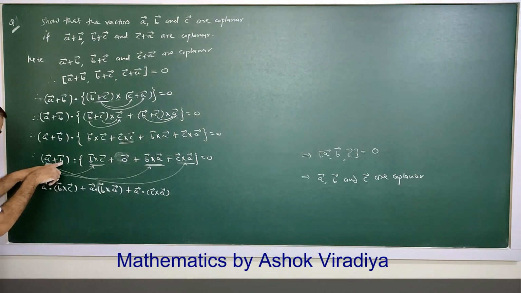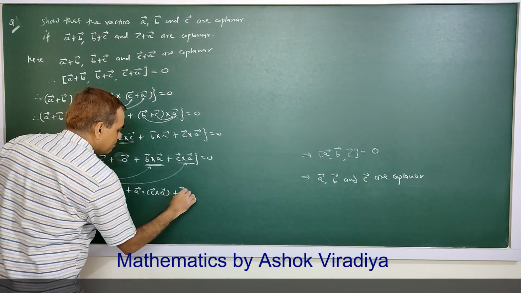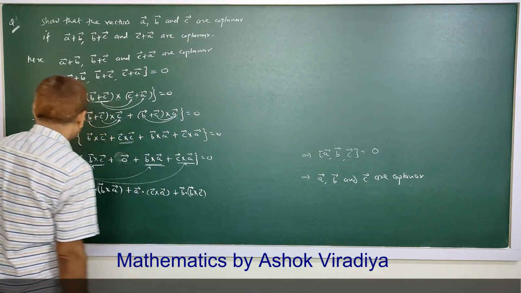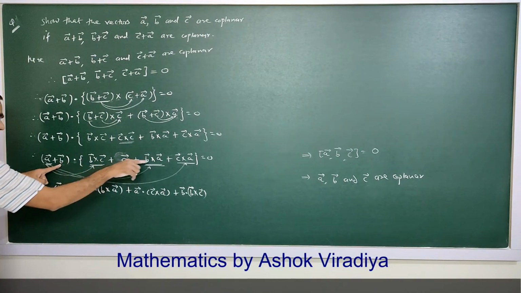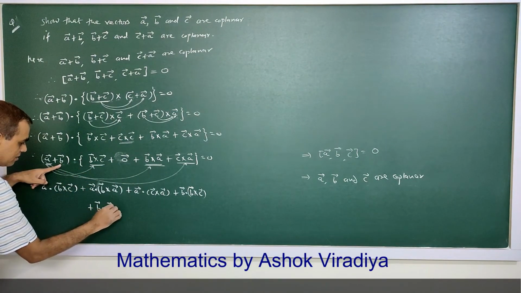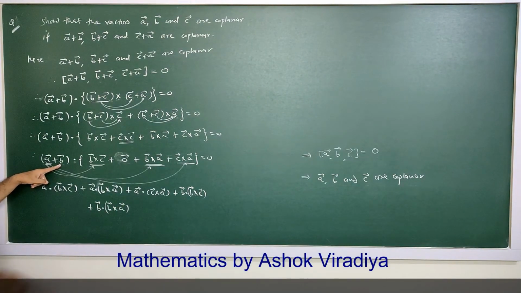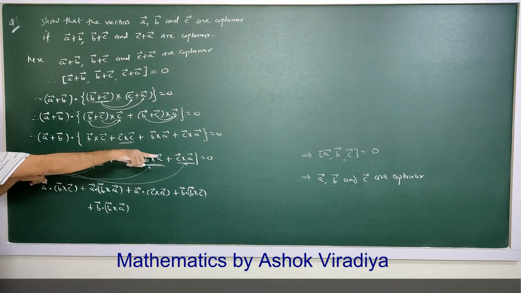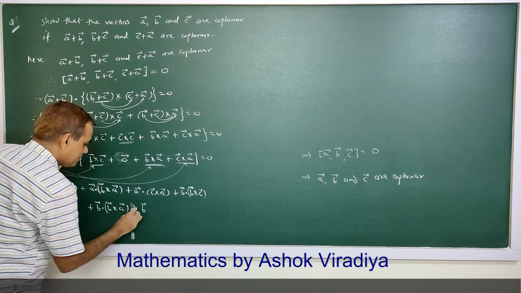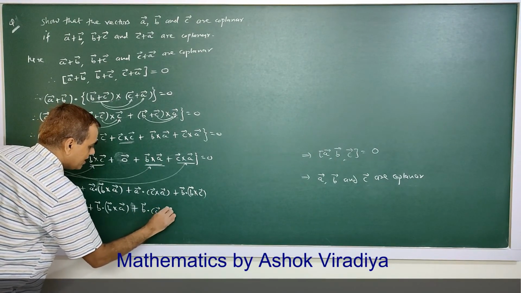Now turn of B: B dot B cross C, B dot B cross A, B dot C cross A.